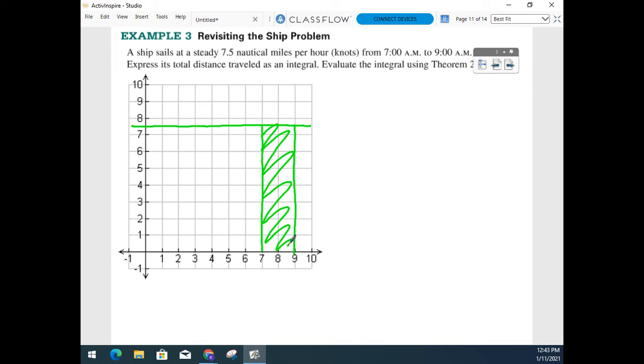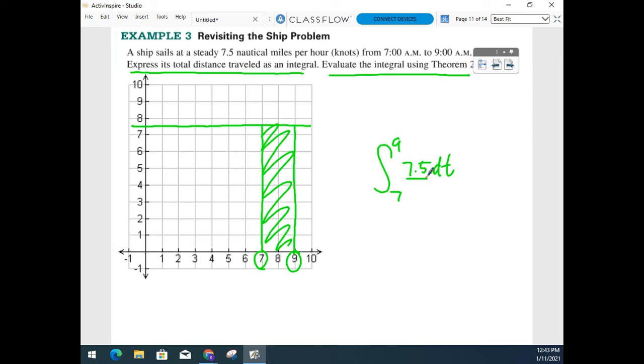Now, it says express its total distance traveled as an integral. So we want an integral. And how would we list the start time? From 7 to the end time, 9, of the function 7.5 dt, then evaluate using the previous theorem you just wrote down.